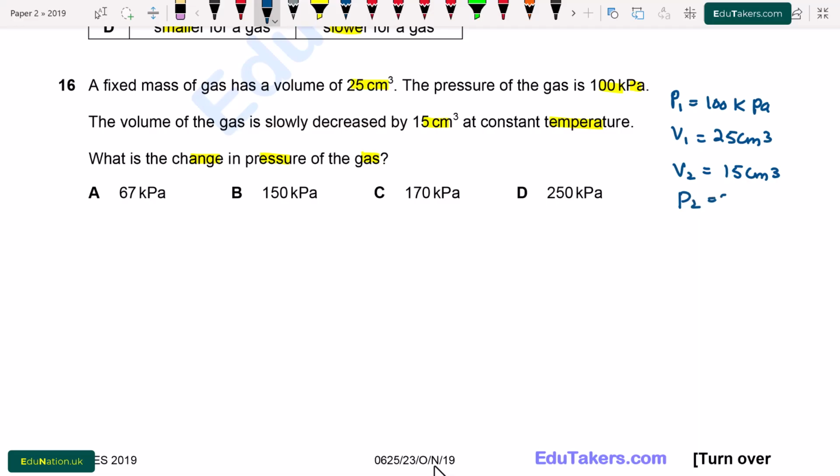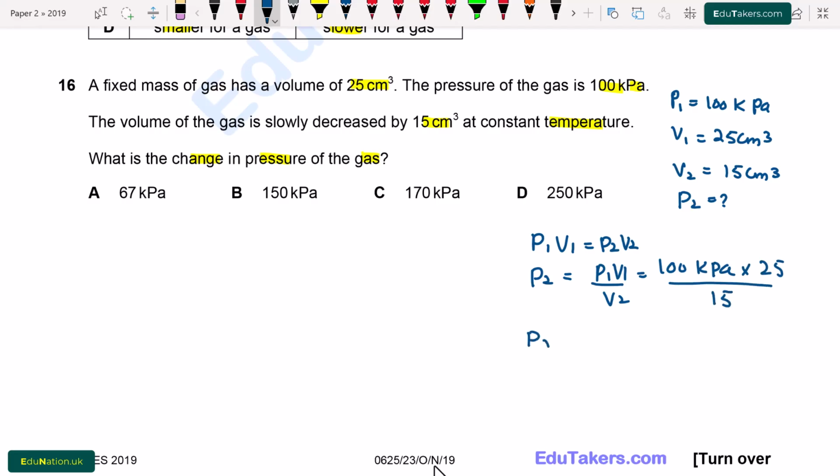Here the temperature is constant, so I use Boyle's law. P1 V1 is equal to P2 V2. From here, P2 will be P1 V1 over V2. P1 is given as 1000 kilopascal, multiplied by V1 which is 25, divided by V2 which is 15.